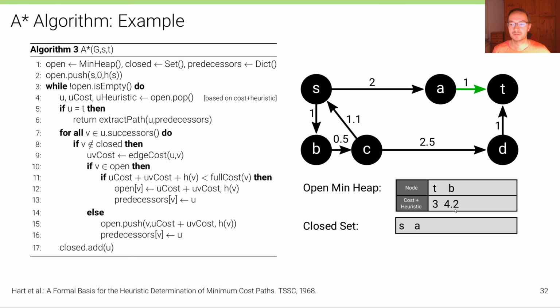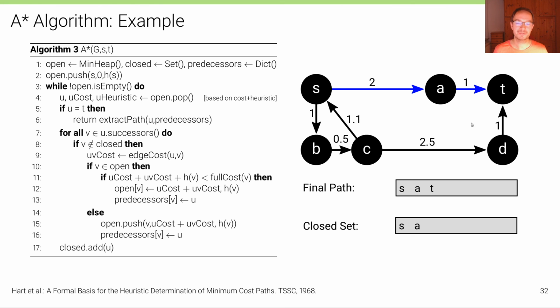So we're not going to expect a smaller number than 4.2 if we go through node B and try to reach T. So we have already reached the optimal solution, and this is what we're going to return: S, A, and T with a cost or distance of 3.